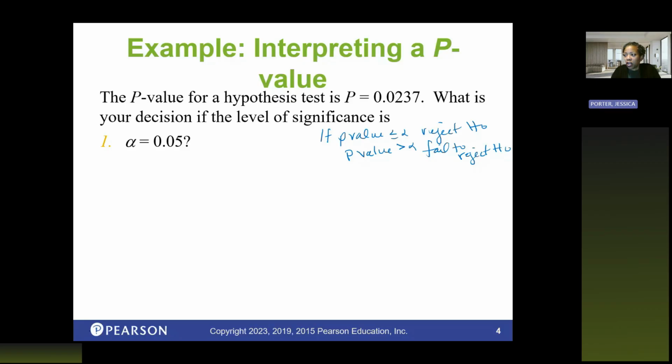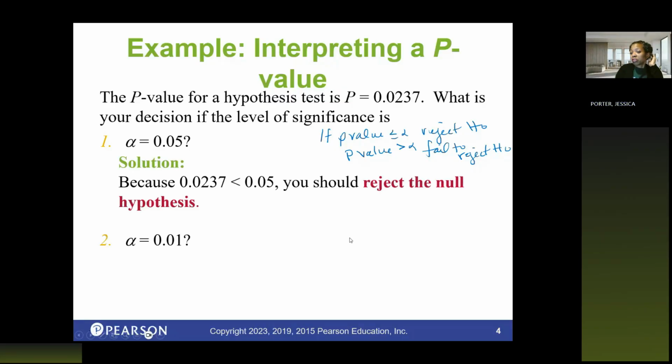What do you think? Do we reject or fail to reject the null hypothesis? All right, I see 2 people venturing out. You are correct. It is going to be reject. 0.0237 is less than 0.05, so I will reject the null hypothesis.